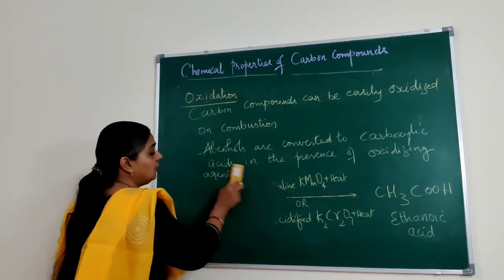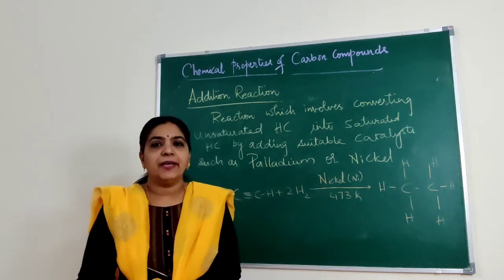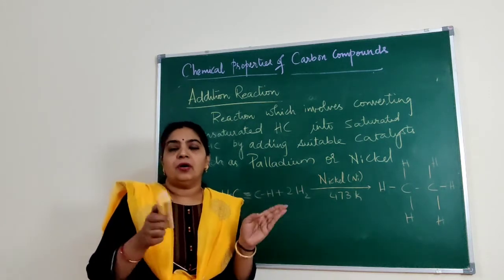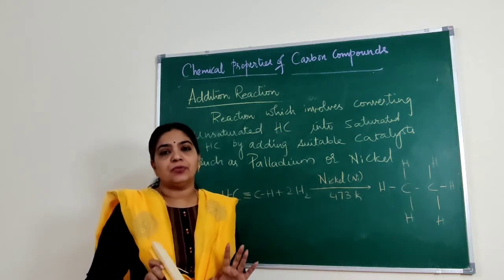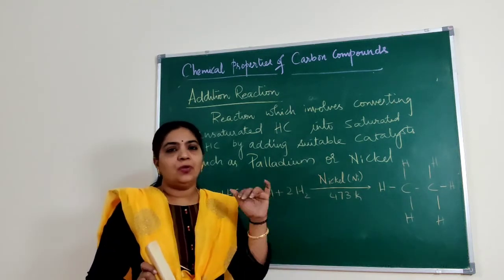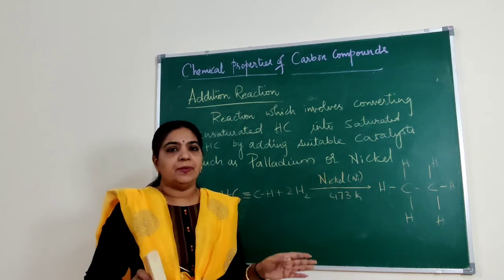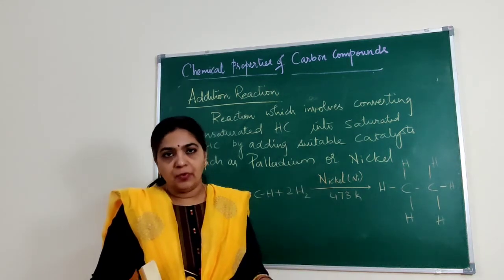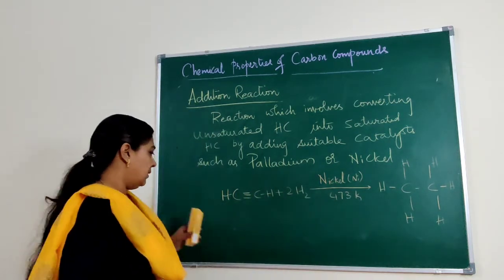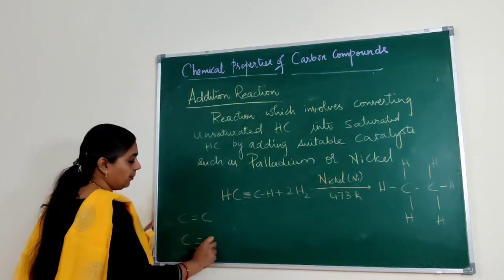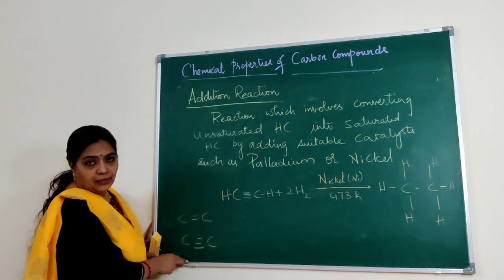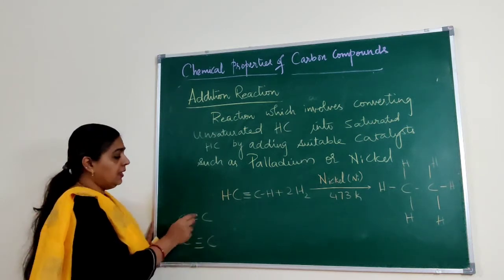So let us learn about the next reaction, that is addition reaction. So it's a reaction wherein you're converting unsaturated hydrocarbon into saturated hydrocarbon. So we know what is unsaturated hydrocarbon. That is carbon-carbon double bond or carbon-carbon triple bond. So this is unsaturated hydrocarbon.